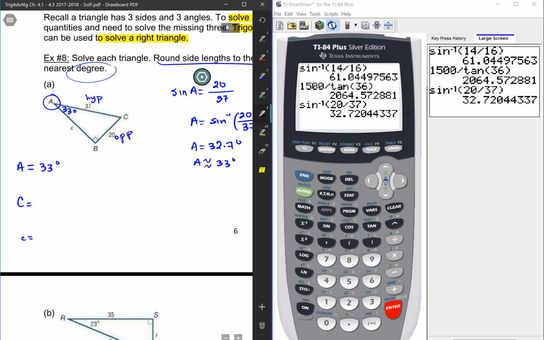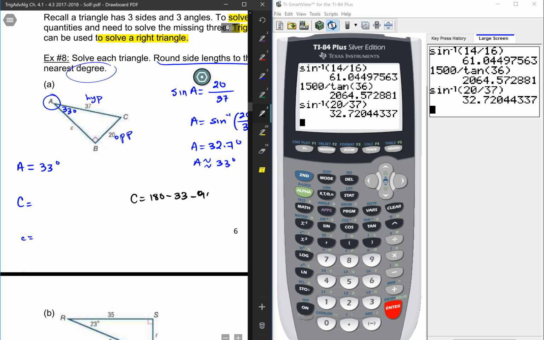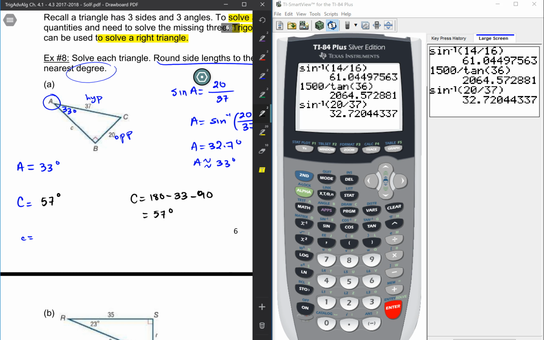It's up to you. So, C is 180 minus 33 minus 90. How much did we say it was? 57 degrees. Well, we rounded this to 33, so that'll be 57. We want them all in degrees. Round it to the nearest degree.